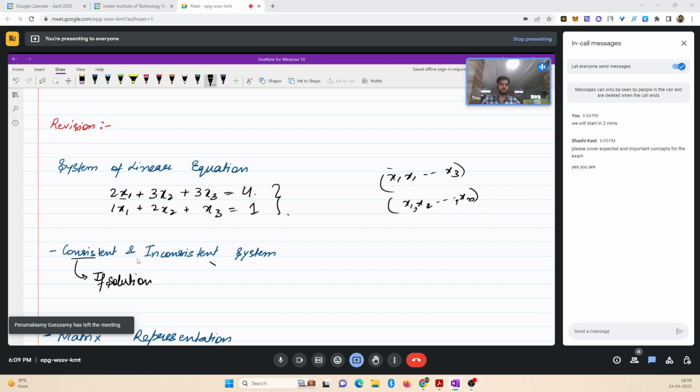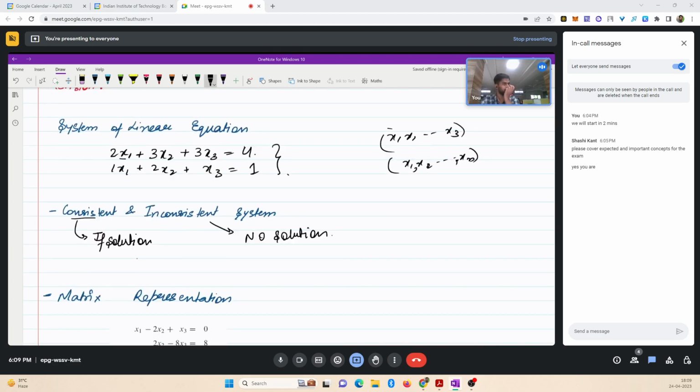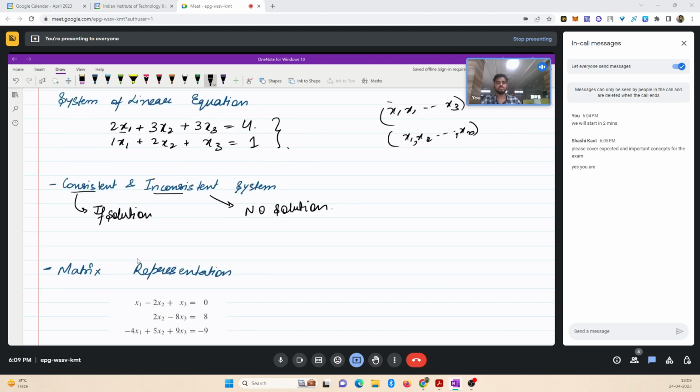And if you are not able to find a solution, then that system is called an inconsistent system of equations. This is just a basic thing, but whenever a question gets asked in the exam, they will mention consistent and inconsistent rather than whether a solution exists or not.